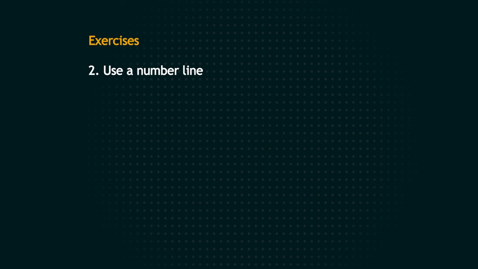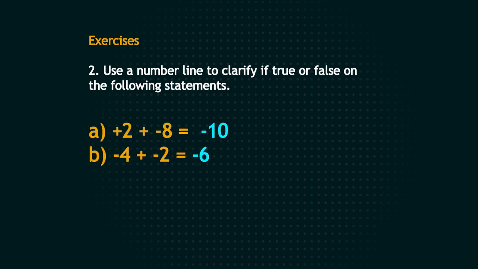Then we have number 2. Use a number line to clarify if the following statements are true or false. That means here you write the word true or false according to how the statement is.